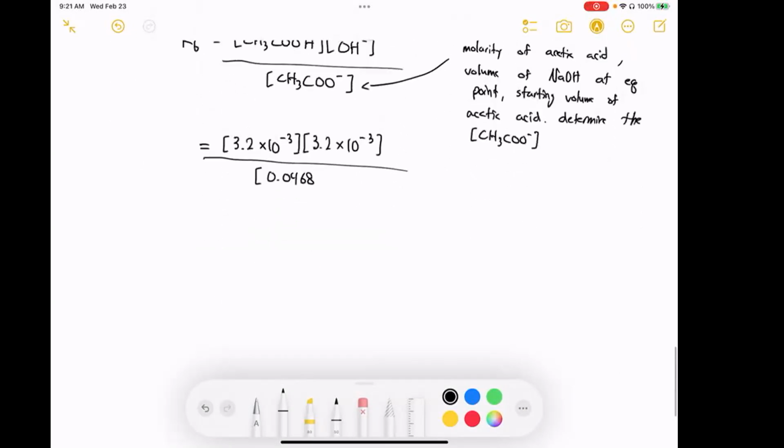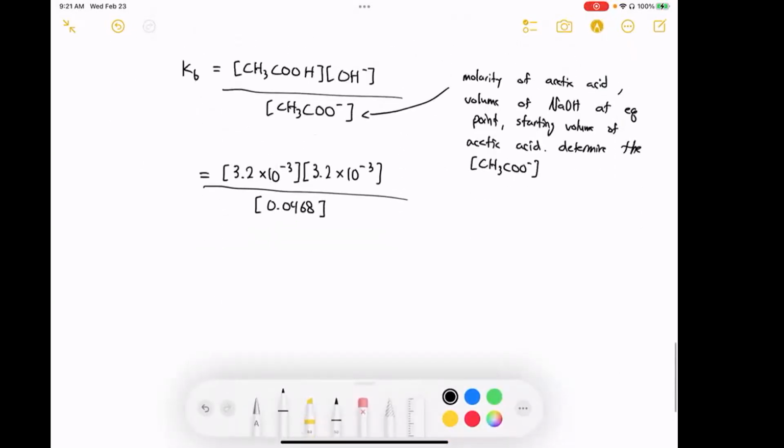So that's a big difference there. Okay, so now let's calculate this value. We take 3.2 times 10 to the negative third, square that number, and divide it by 0.0468. Okay, so we get a value of 2.2 times 10 to the negative 4.